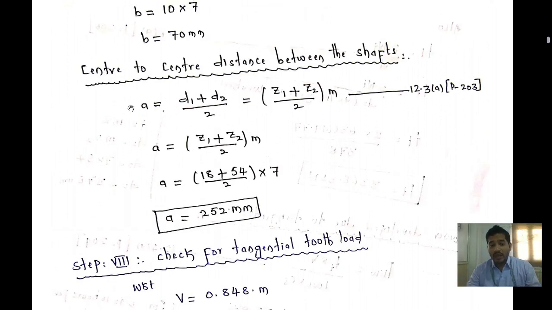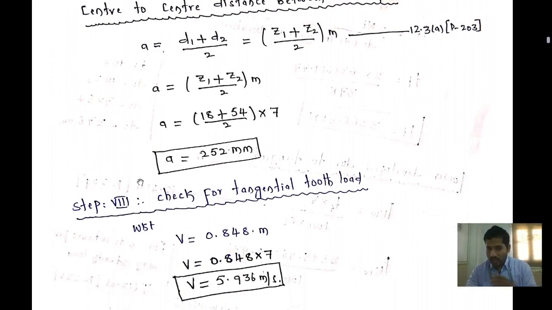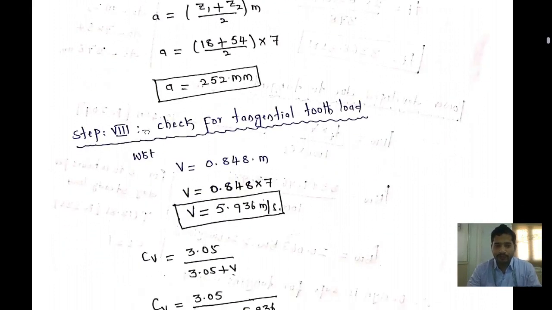Instead of A, you can use the formula C equal to A equal to Z1 plus Z2 by 2 into module. No confusion, instead of A you can also use C. Is it right? The center distance between the shafts.